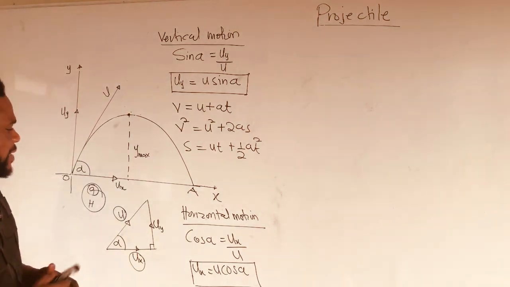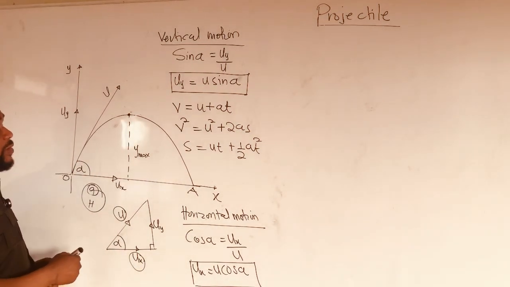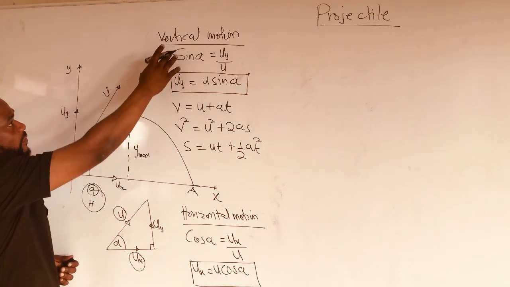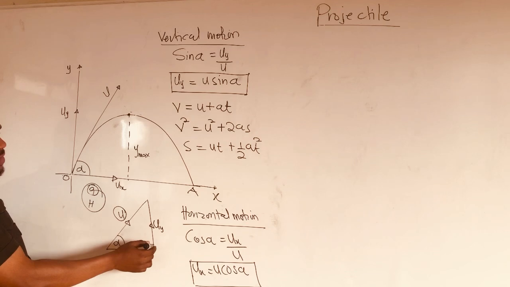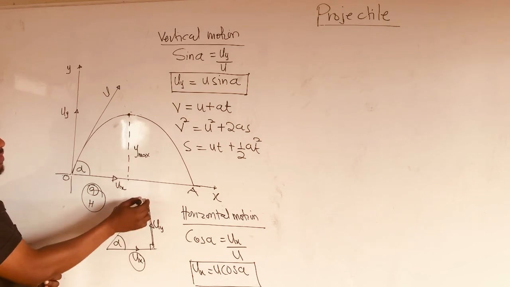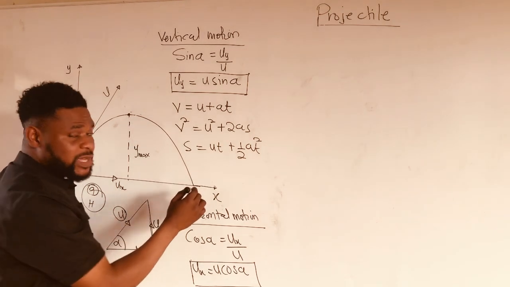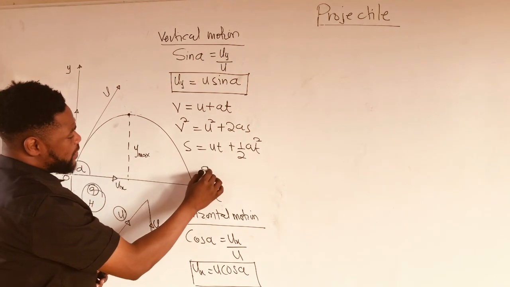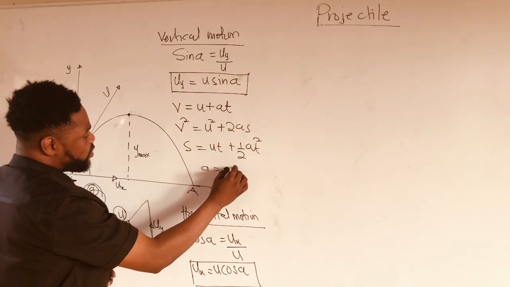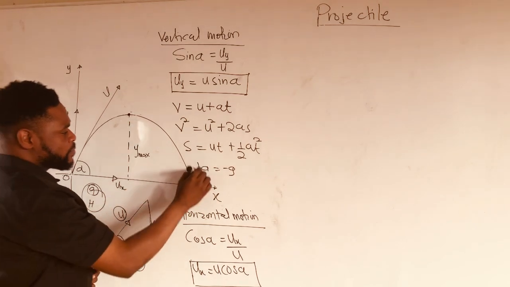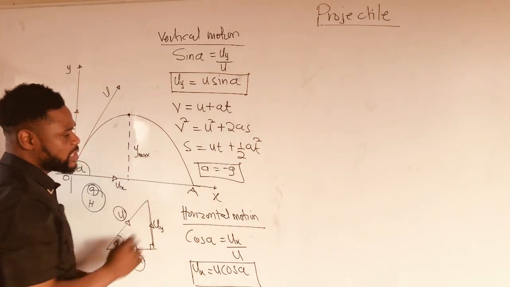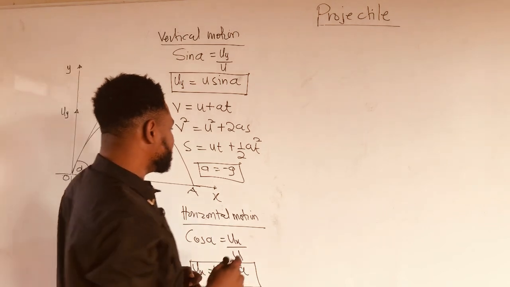Now when we want to treat this in a vertically upward direction, it means that the body is moving against gravity. So since the body is moving against gravity, our acceleration will be equal to negative g, as we can see here. So anywhere we see acceleration, we'll put negative g in there.